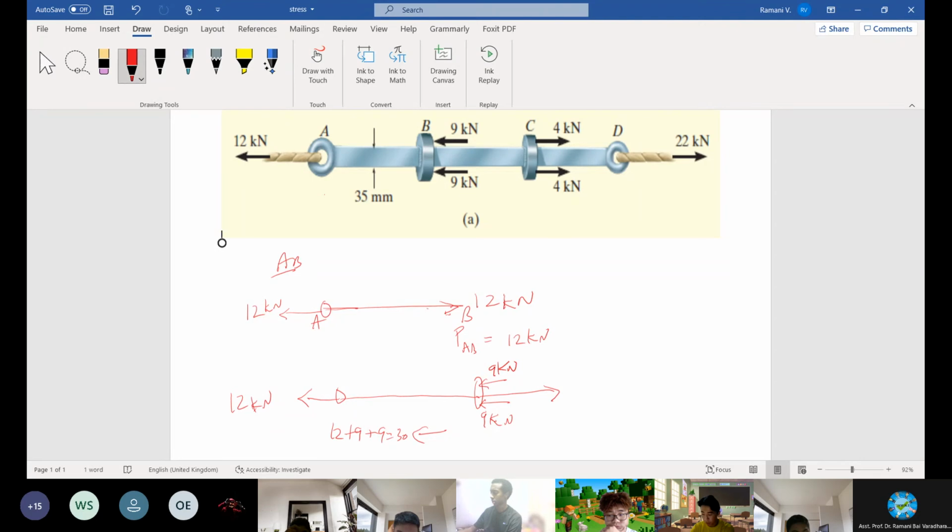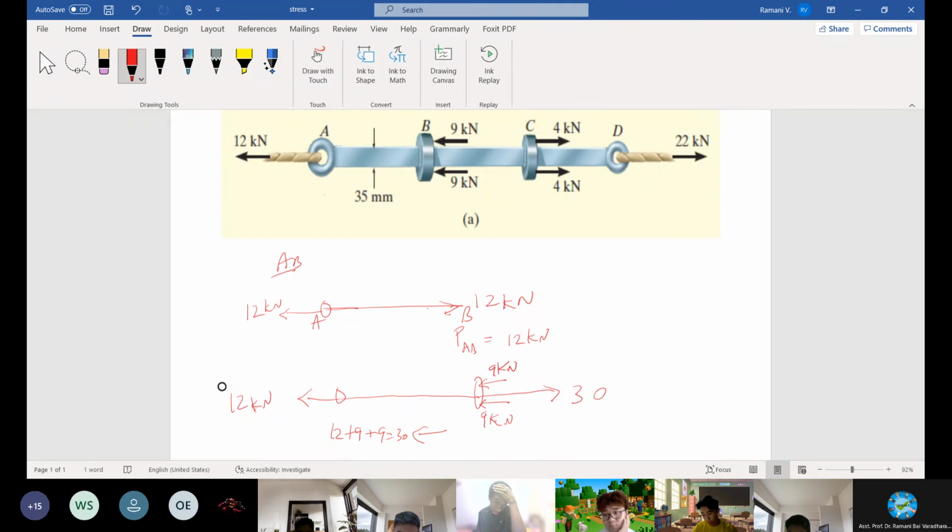Automatically from this point onwards, hope you can see my arrow moving, the member will act in the opposite direction, equal and opposite to 30.